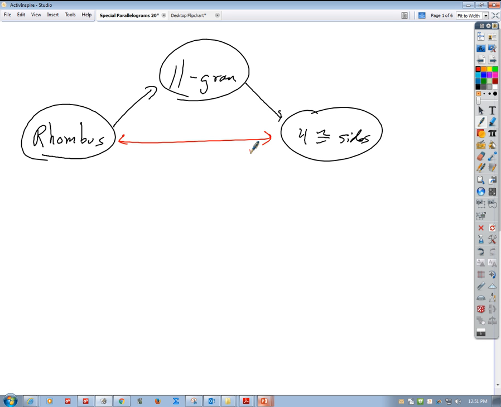Why is that? If it's got 4 congruent sides, can anybody justify that? How can we automatically skip the notion that we have to consider it a parallelogram? Well, that's not what I'm getting at. If it's got 4 congruent sides, right? What does that mean? It means that, right?